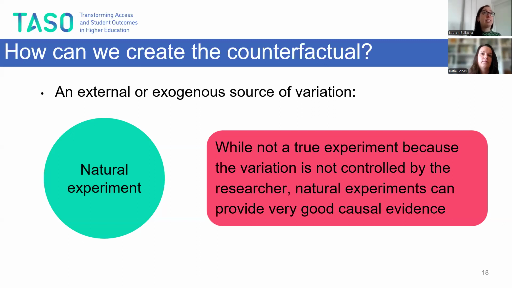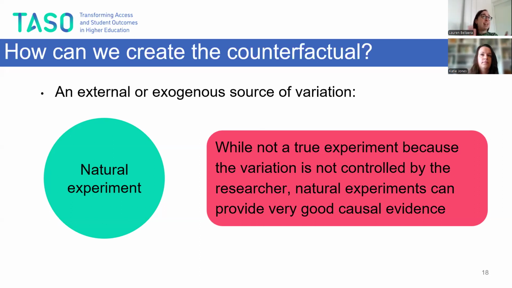As an example, if you're running a large-scale program across the UK, through the practice of your implementation and delivery, you may be delivering it in some schools but not others. We may be delivering it in some places and not others.